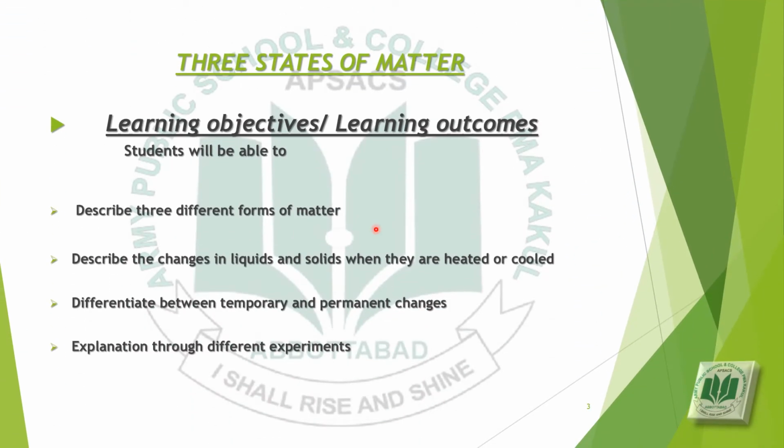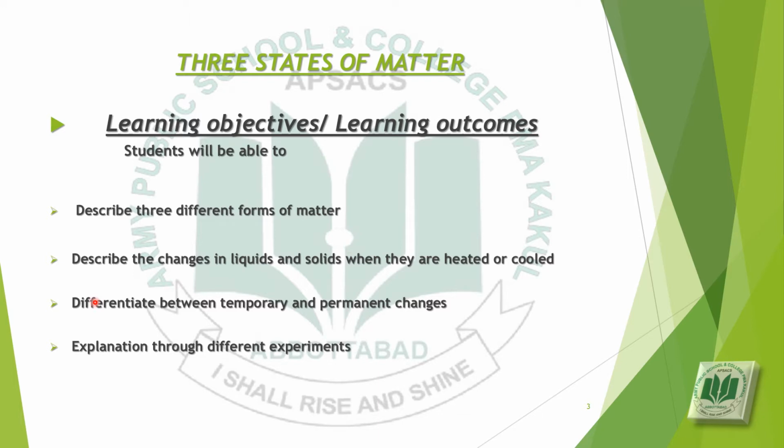Dear students, now we are going to discuss unit number 4 of the book, and the name of this chapter is States of Matter. Students, here we have some simple learning objectives or learning outcomes of today's topic. So students will be able to know or describe 3 different forms of matter.